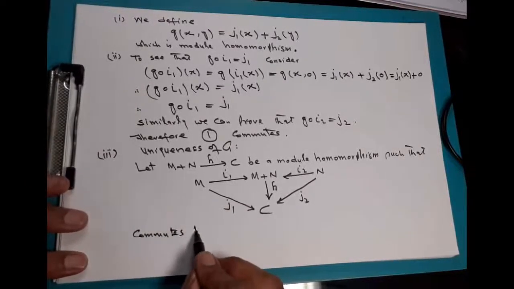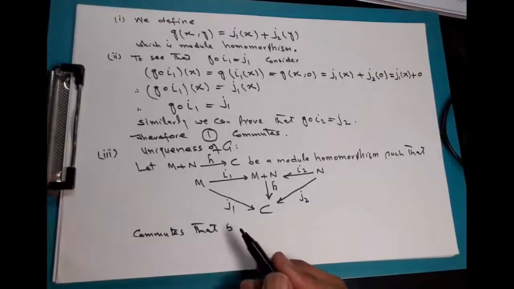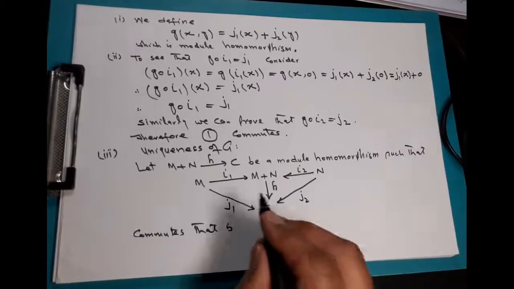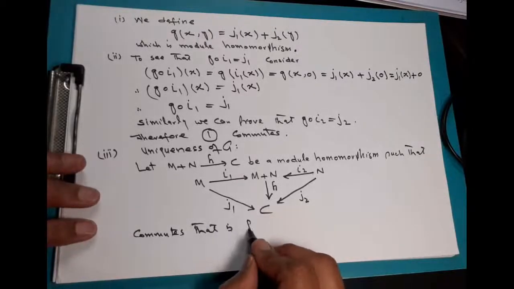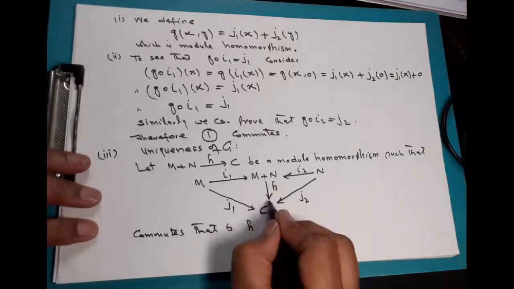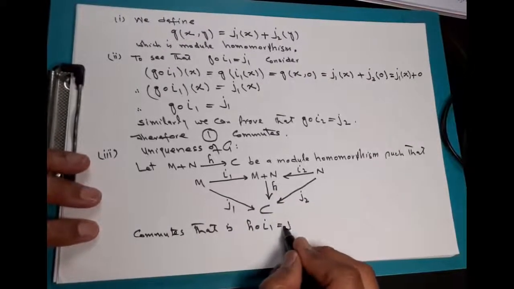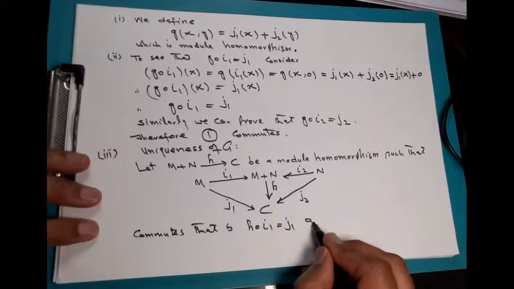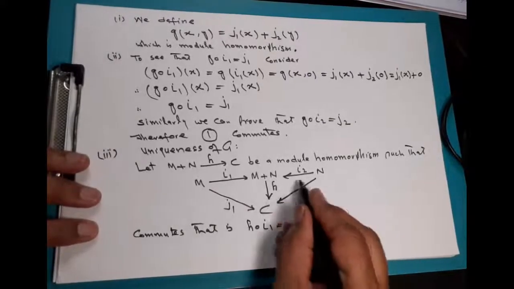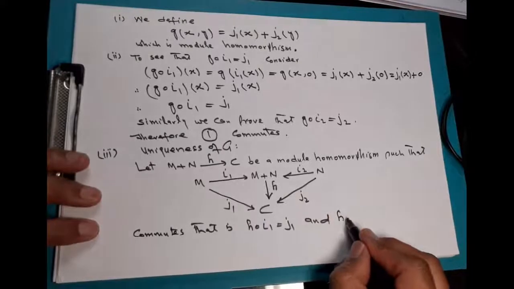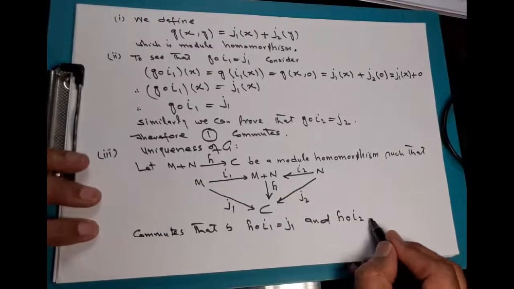By saying that this diagram commutes, we mean that H composed with I1 is equal to J1, and H composed with I2 is equal to J2.